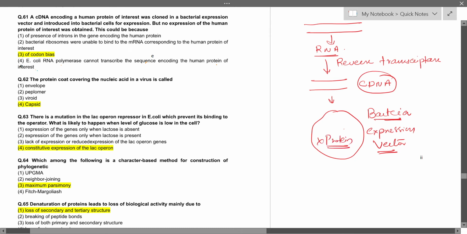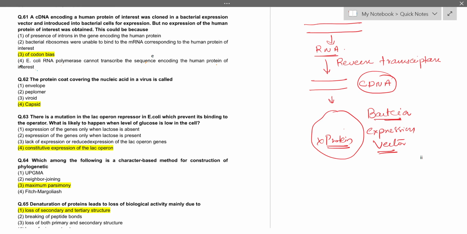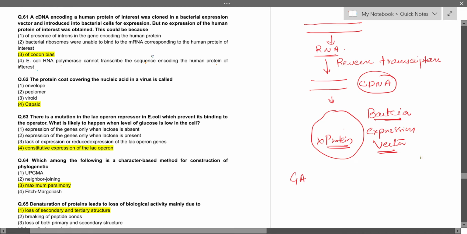Why? So what happens is, as we know, the codon is universal, right? But prokaryotes prefer certain codons rather than using another codon. Suppose I'm just giving an example: GAG and CAG, both are coding for tyrosine.